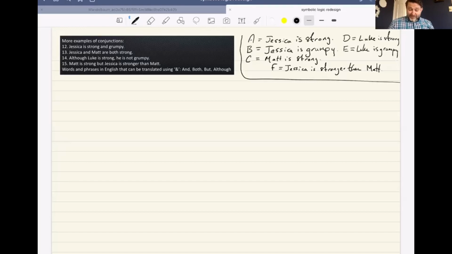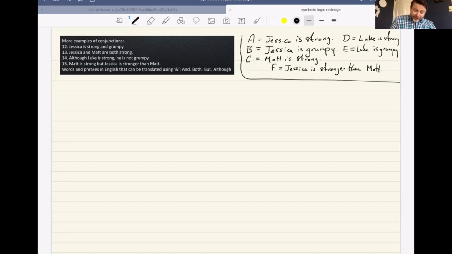For now, we have to symbolize this sentence using a single sentence letter. But later on in the course, we move on to quantified logic or predicate logic. We'll be able to symbolize this sentence in a more intuitive way that reflects the underlying structure.